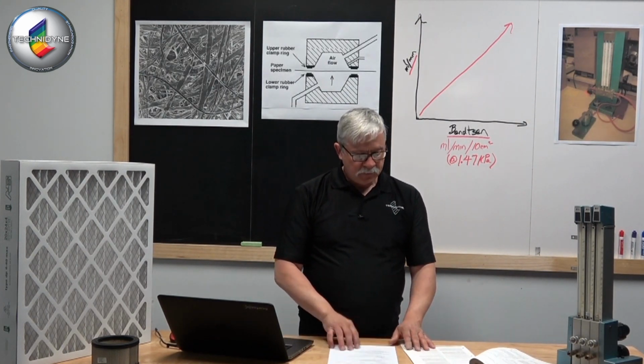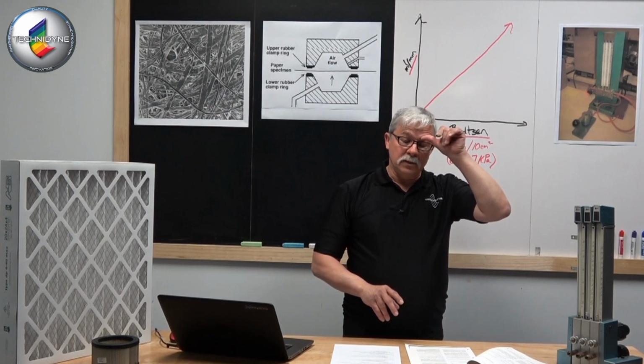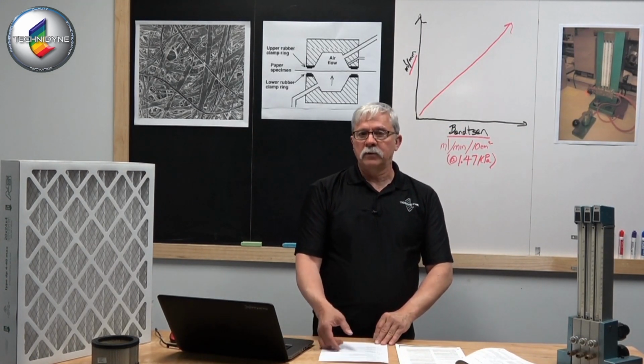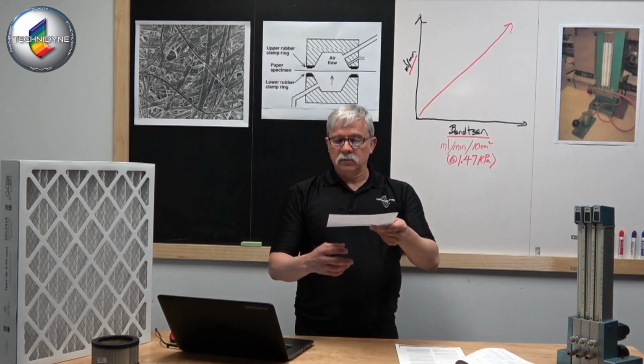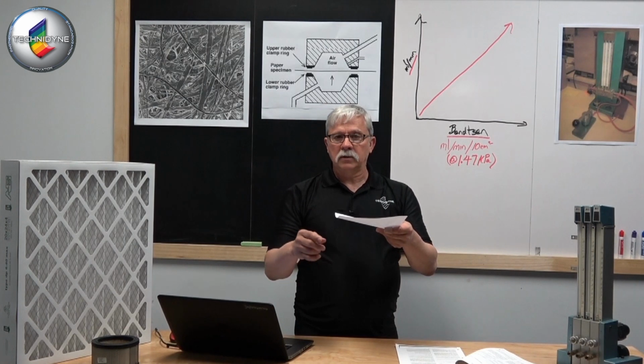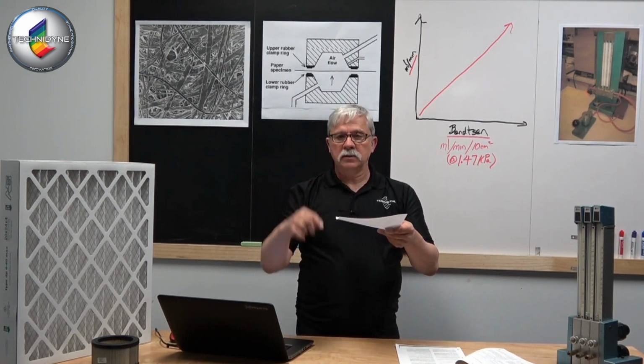On the other side, they backed that pressure differential off from 1.47 to roughly 0.75 kilopascals across the sheet.